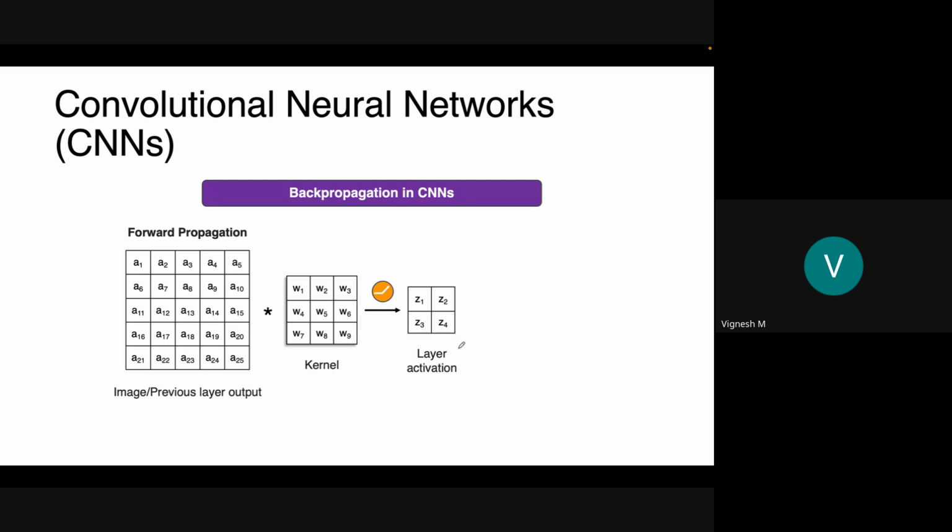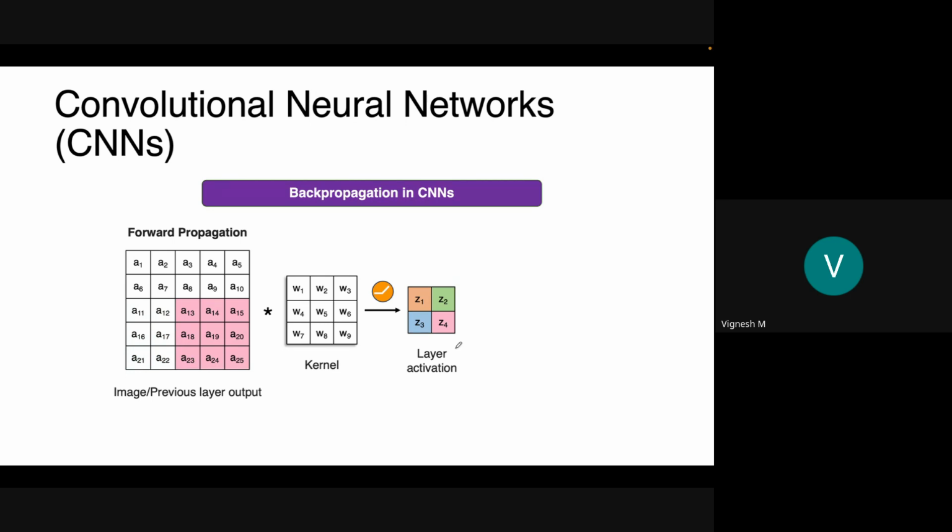Now I'll tell you how I got Z1, Z2, Z3, Z4, but this is your forward propagation, typically. First you place the weights here. Let me consider I'm doing a stride of 2 here, so I'm moving every other pixel. Then I shift it, I get Z2, then I get Z3, and then I get Z4, all right?